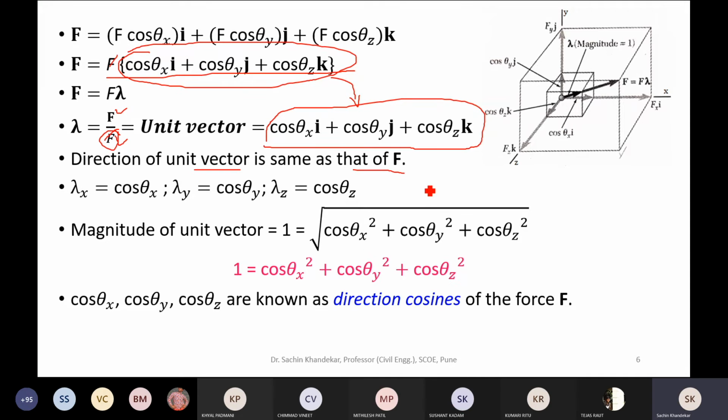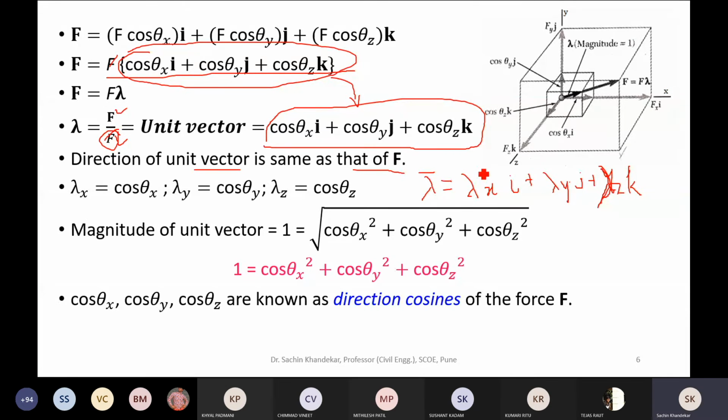So similar to the force vector, I'm writing the unit vector lambda bar as lambda x i plus lambda y j plus lambda z k.